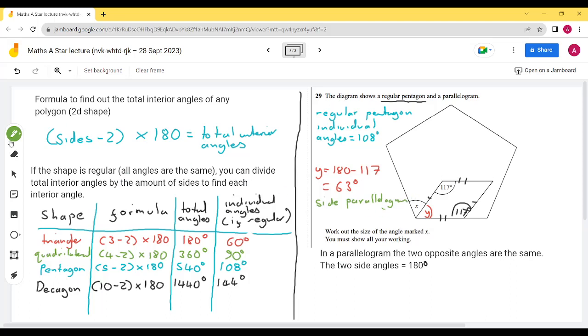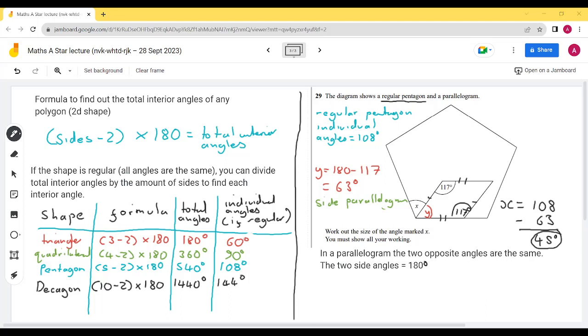Okay, and so now we know that, we can just say X equals 108, which is each individual angle, minus 63, which is going to get us to 45 degrees, because we've already worked out the individual angle is 108, and it's made up of X and Y. So X equals 108 minus Y, so equals 45 degrees.